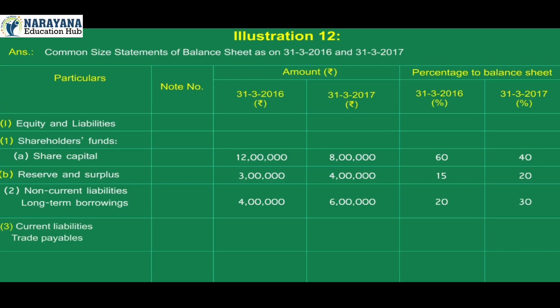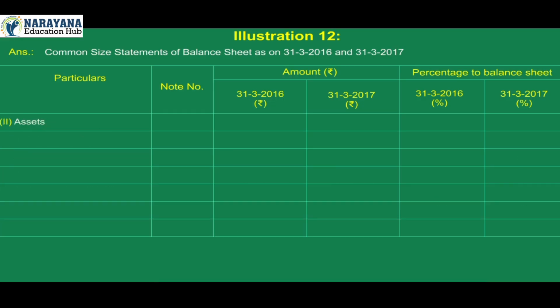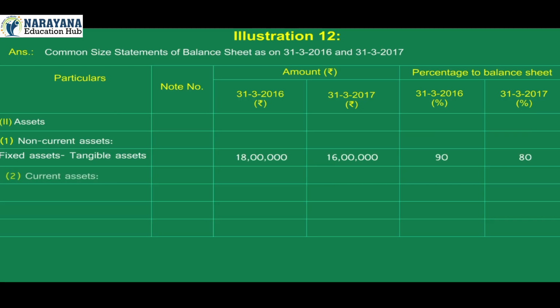3. Current liabilities. Trade payables: 1 lakh, 2 lakh, 5%, 10%. Total: 20 lakh, 20 lakh, 100%, 100%. Number 2. Assets. 1. Non-current assets. Fixed assets, tangible assets: 18 lakh, 16 lakh, 90%, 80%. 2.